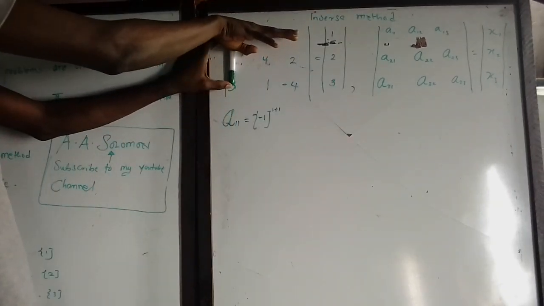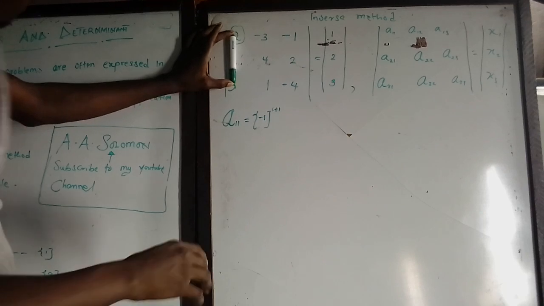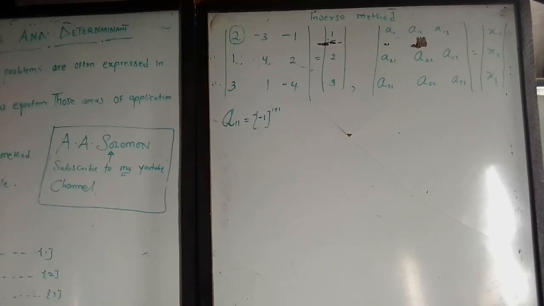Do you understand? So now let me look for maybe a ruler so that you can understand much better, or a book. Okay, let me use this book. Let me fold it.